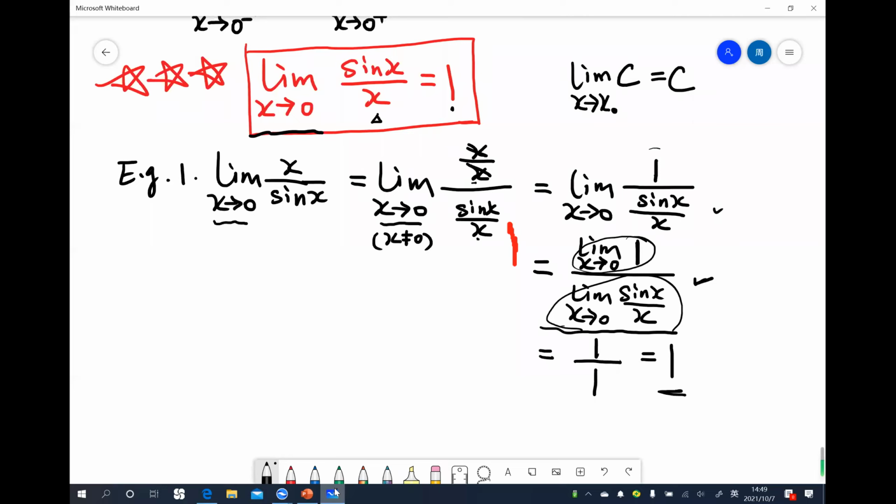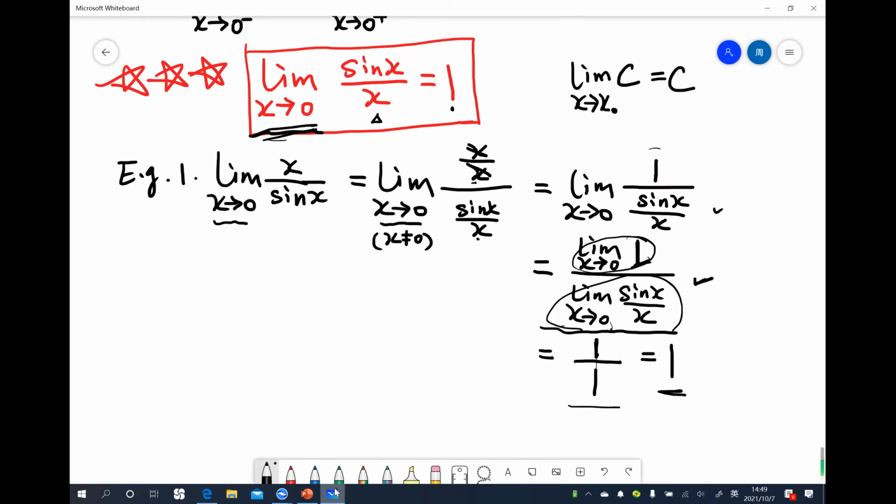Laushi, yes, again please, repeat the last line. Yes, yes. The numerator, because 1 is a constant function, so the limit is this constant 1. So we can get 1 here. And the denominator, from the formula I gave you, you can use it directly.